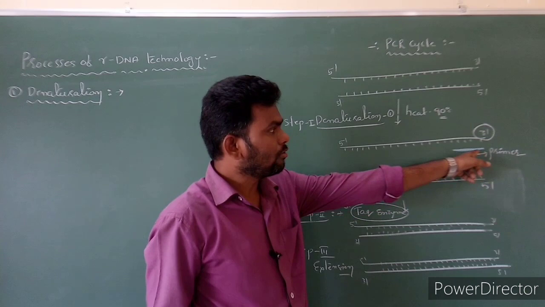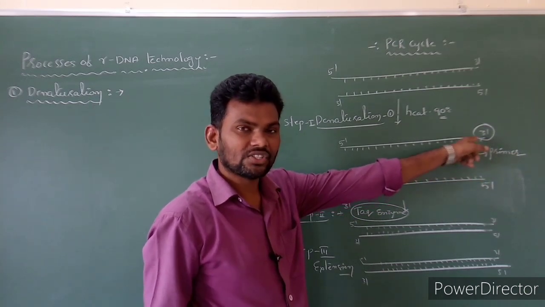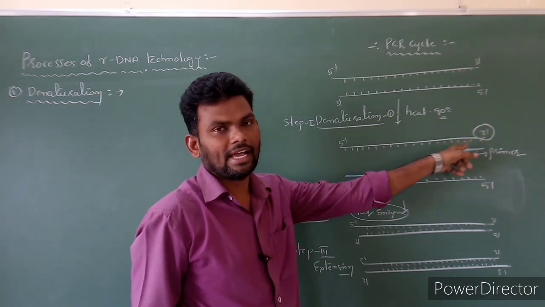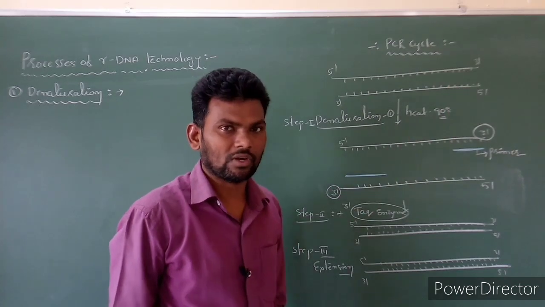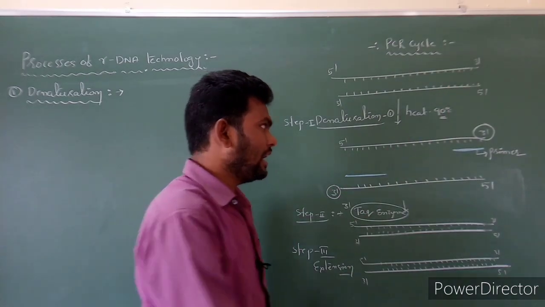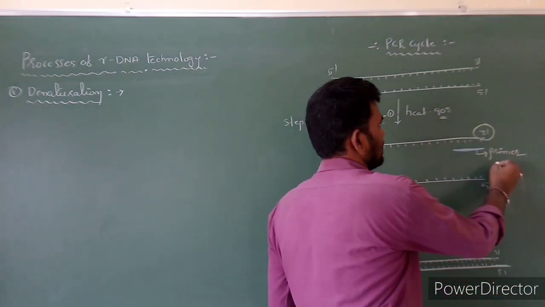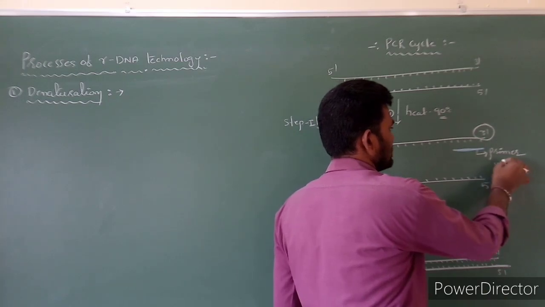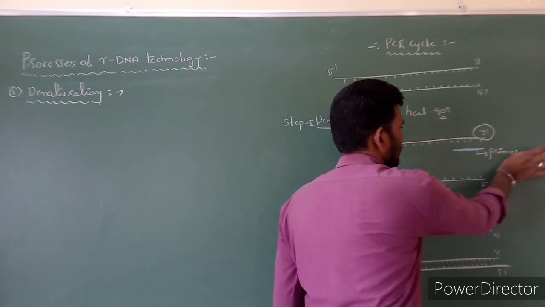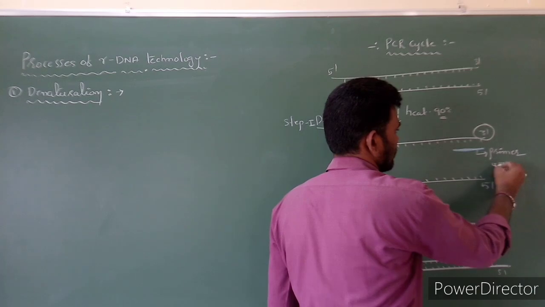Adding primer at the 3' strand is called annealing. Annealing is done at nearly 40 to 45 degrees Celsius, or 45 to 50 degrees Celsius also.